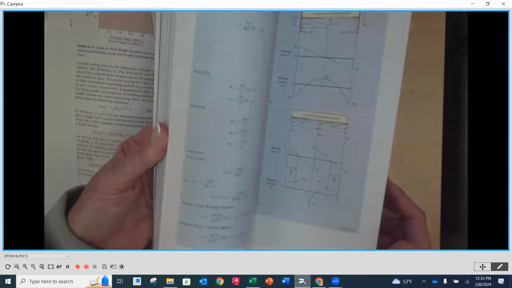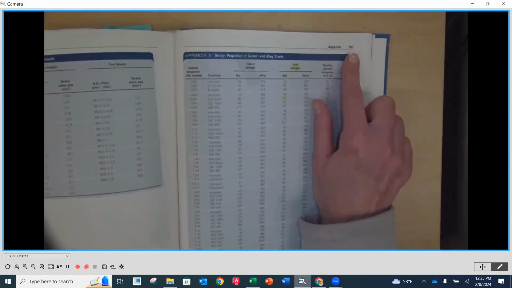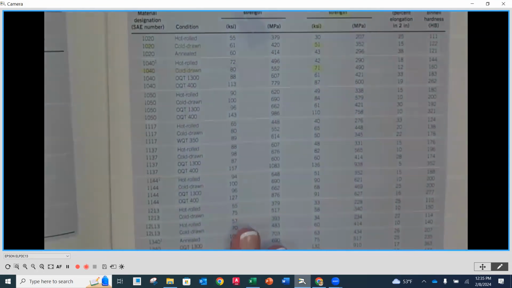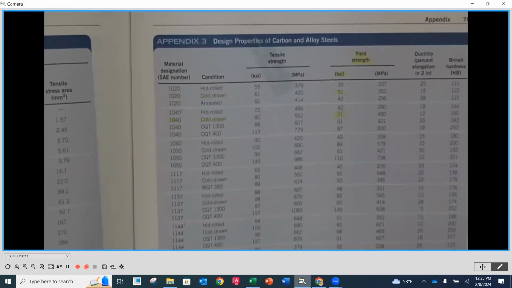In your book, go to the appendix, I think it's appendix 3, where the materials all kind of start. On page 787, you're going to find the design properties of carbon and alloy steels.